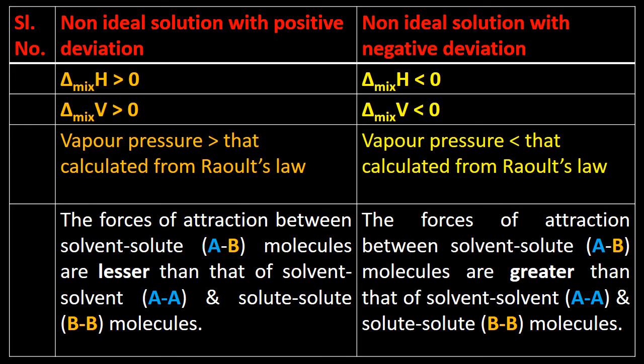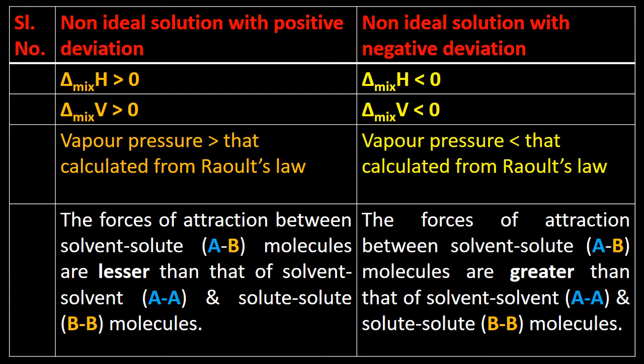The vapor pressure of the solution is greater than the value calculated from Raoult's law in case of positive deviation. But in case of negative deviation, the vapor pressure of the solution is less than the value calculated from Raoult's law.